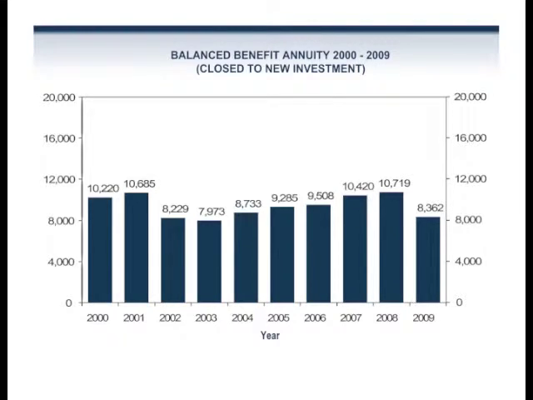I'm happy to say that on April 1, the benefit payment went up 18.8%, and that reflects the lag from 2009. And the balance benefit in 2009, that benefit payment actually dropped 22% on a cash flow basis, but on April 1, that increased 13.6%.